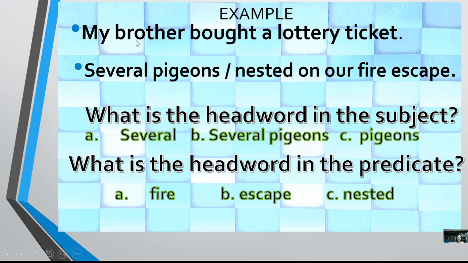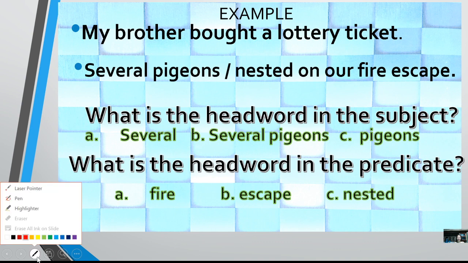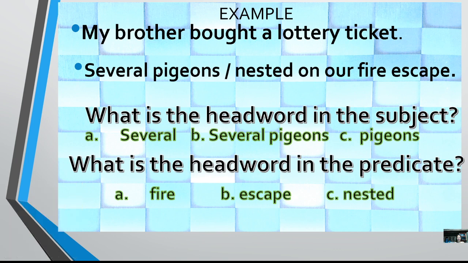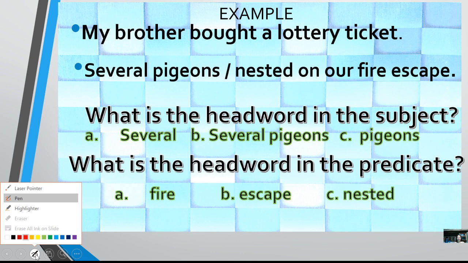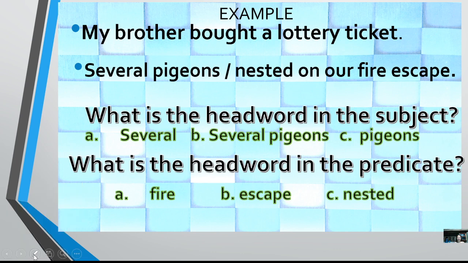This is a part of the lecture in video number 1. So if you have watched that, you know how to identify the subject part and the predicate part of the sentence. So I have the pen or the highlighter, maybe in red color.